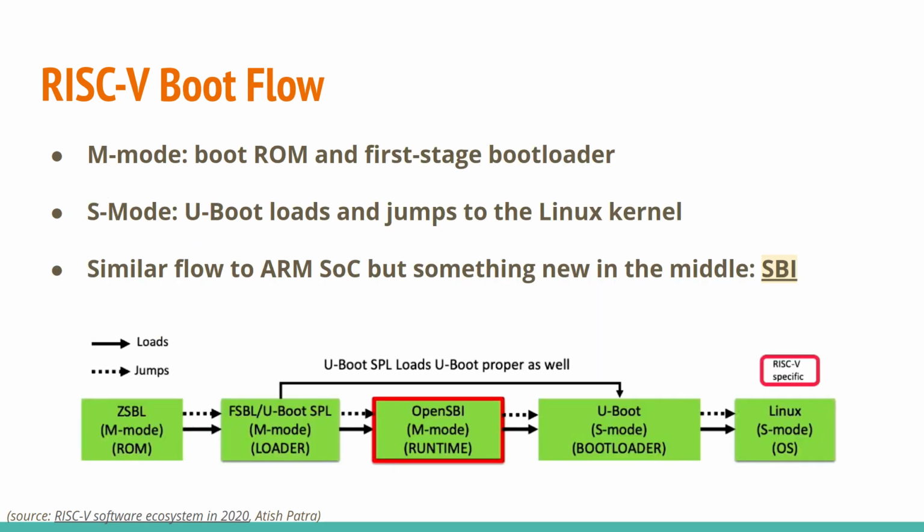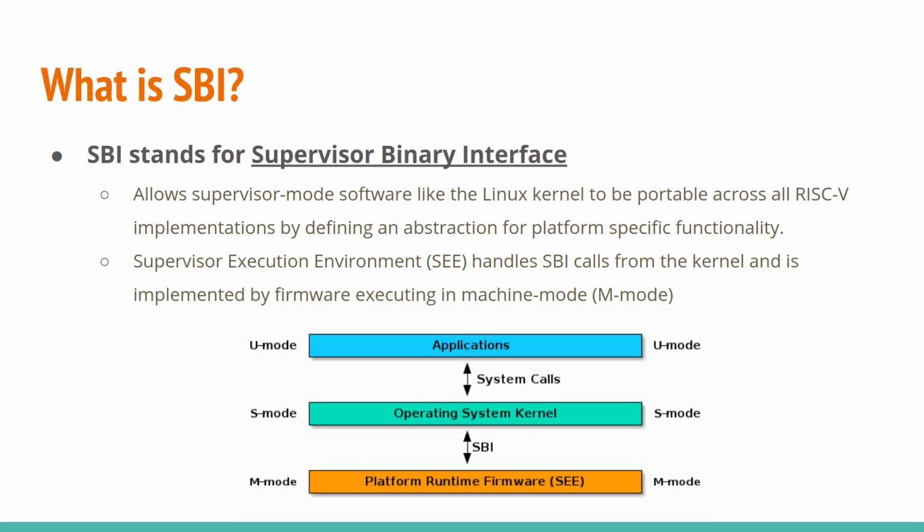So the RISC-V boot flow might look similar to what you find on an ARM SoC. We have a boot ROM, first stage bootloader, and then U-Boot that loads and jumps to the Linux kernel. But we have something new in the middle there for RISC-V, and that's SBI. SBI stands for the Supervisor Binary Interface.